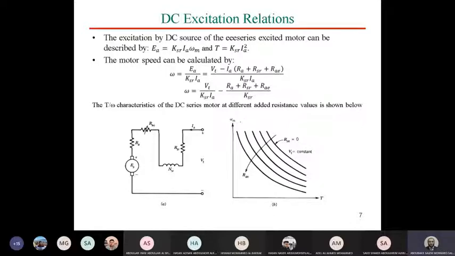And you know also the characteristics of series excited DC motor. If you increase the value of rheostat, the characteristic will move in that way. So this is, shabab, what we already discussed previously regarding series DC motor. There is no difference, shabab. The same as previous DC motors.